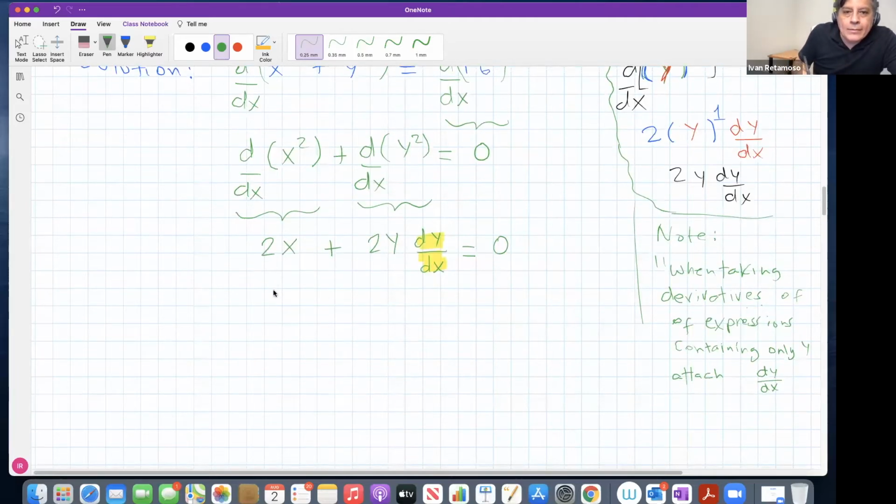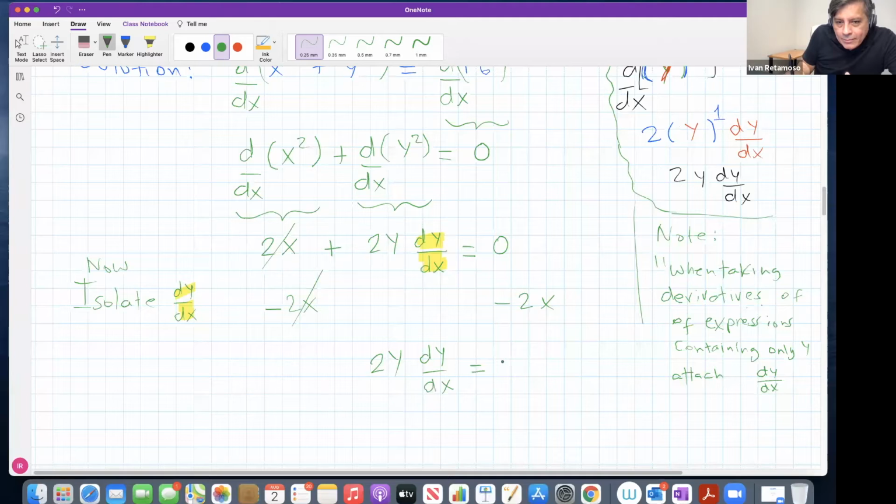All right, now we have to isolate dy dx, right? This guy. How do we do that? Well, subtract 2x in both sides of this equation. So we'll cancel these guys and it will give us 2y dy dx equals minus 2x here, right?